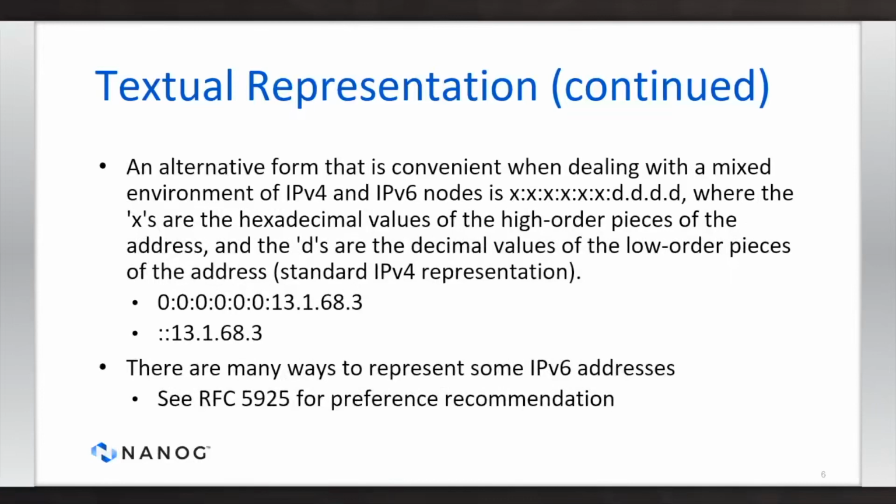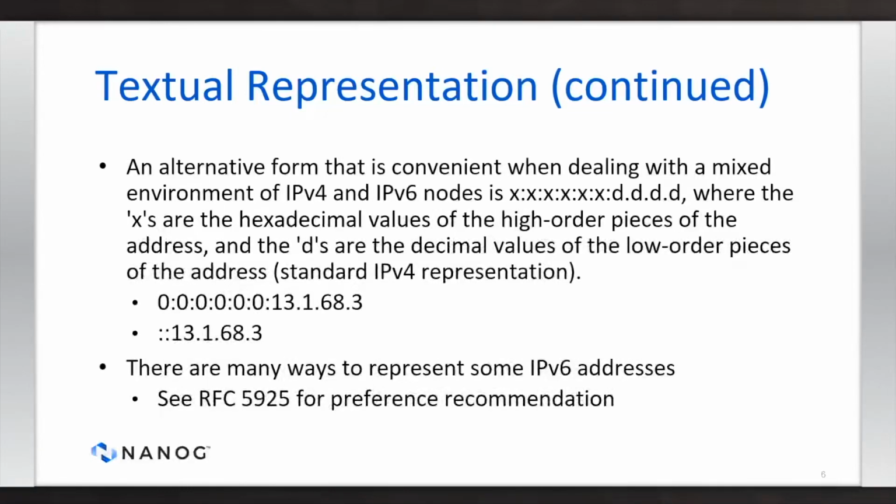Well, what you're actually seeing is the high order bits are just plain old IPv6 addressing, where each X represents 16 bits. And the low order bits are plain old IPv4 addressing, where each D represents 8 bits. And that's very convenient in environments where you're using some transition mechanisms to make IPv4 and IPv6 interoperate.